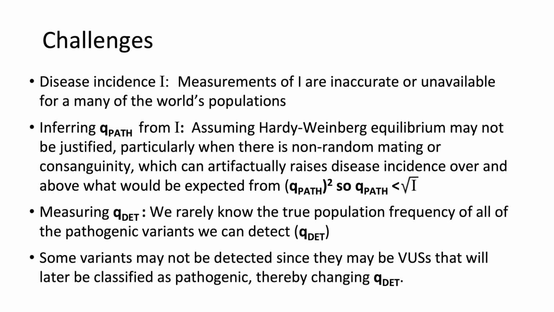So when that happens, Q detectable is going to change. So the idea that you can establish a residual carrier frequency risk today and not reevaluate it and change it over and over again as we learn more about the detectable variants in the population and as we figure out more and more about the VUSs is just simply naive.